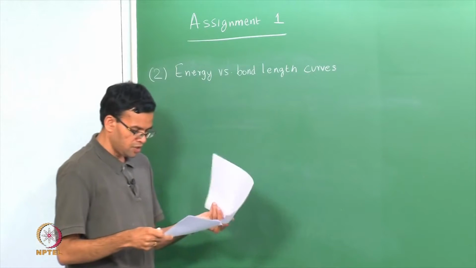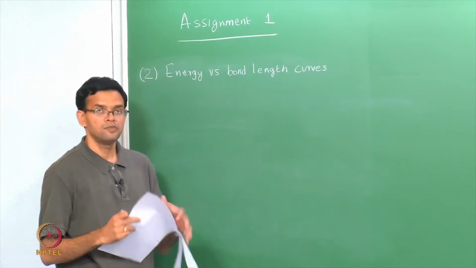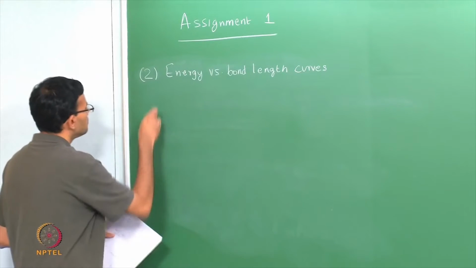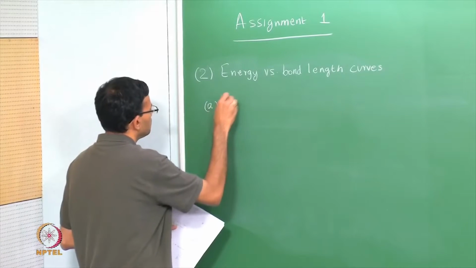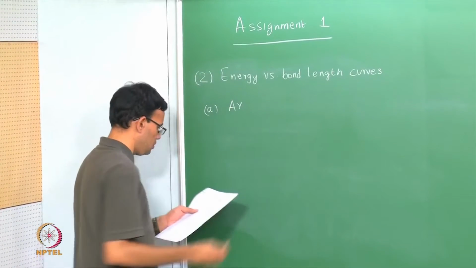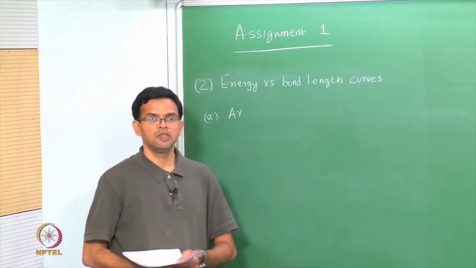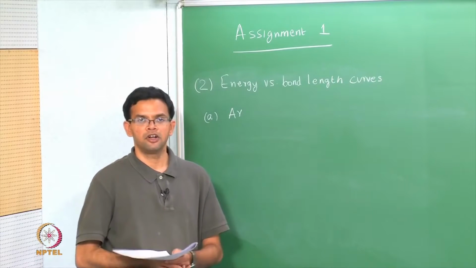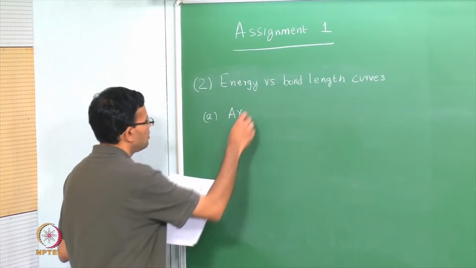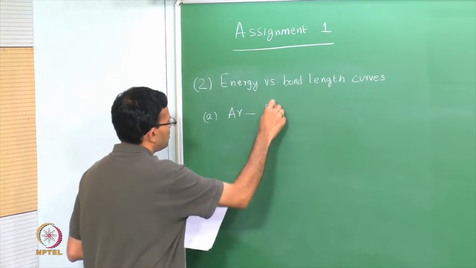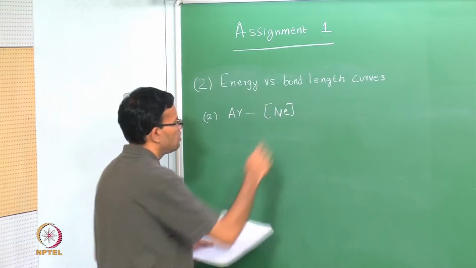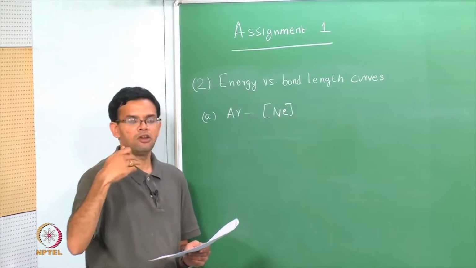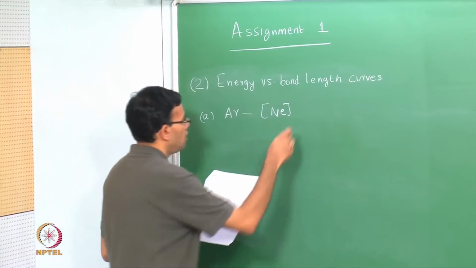So, let us first start with argon. We can write the electronic configuration for argon. The previous inert gas is neon. So, we have helium, neon, argon and so on.